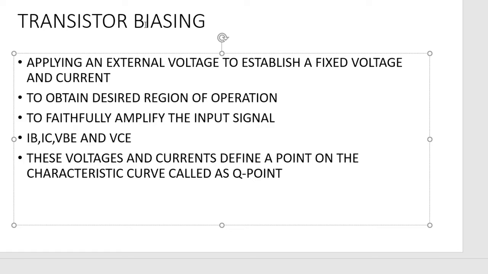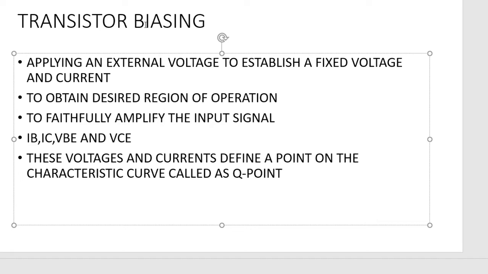You know that in a diode circuit also, biasing means the process of applying an external voltage. So in transistor circuits as well, we apply an external voltage source to establish a fixed voltage and current in the circuit.